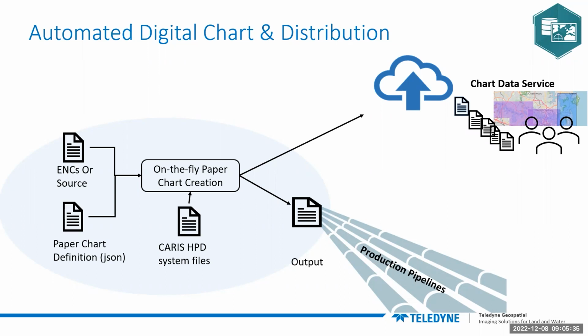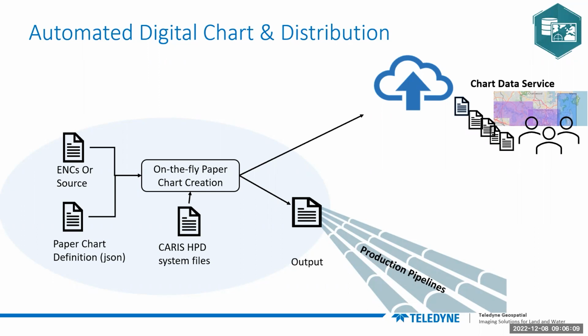And the way that that system works at present is it will take either an ENC or a source of verified data. It will combine that with the chart definition. And then through automation and the routines we have, it will apply the HPD system files. So that's all of your presentation, all of your sounding rounding profiles, all of these things, and create you an automated digital product.